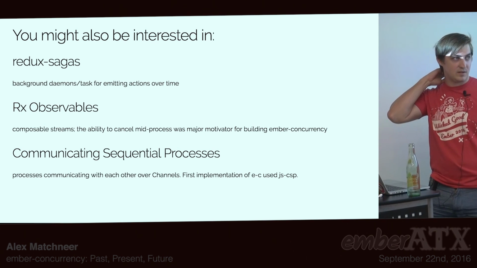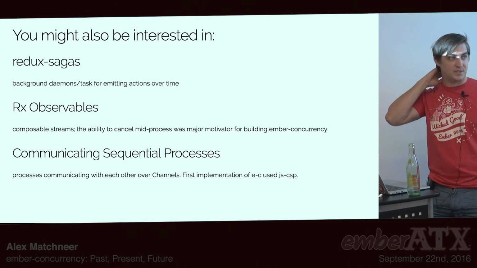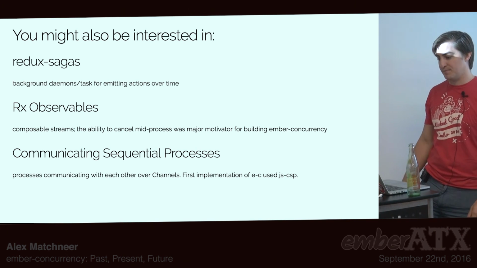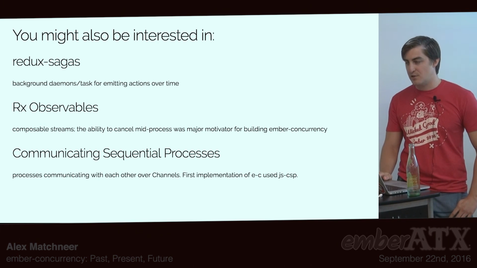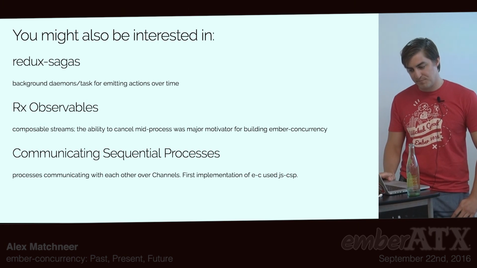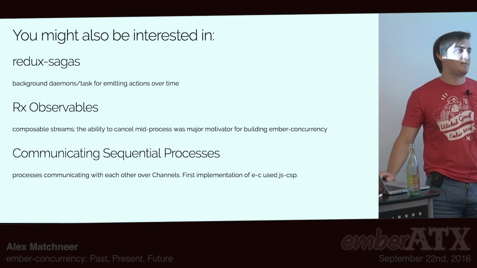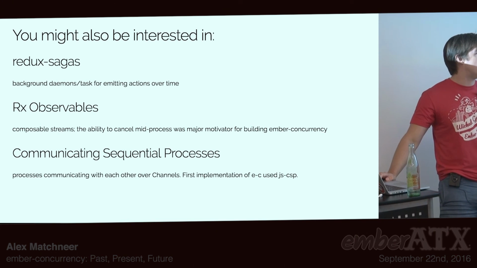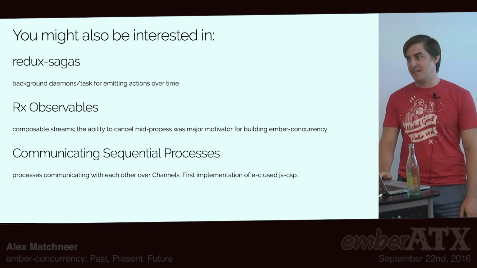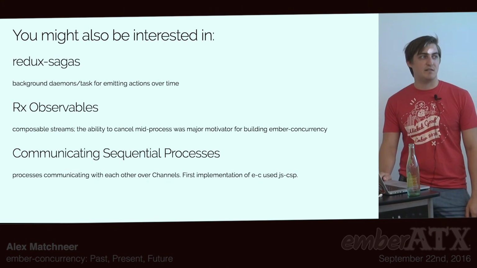And it's fun to at least go into this stuff and see how there are alternative ways to describe asynchronous processes that don't use the Ember concurrency generator function approach. And thirdly, there's a concept called communicating sequential processes, which is kind of the underpinning of the Go programming language.